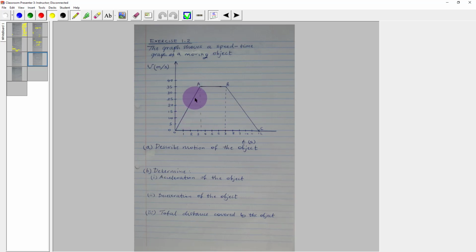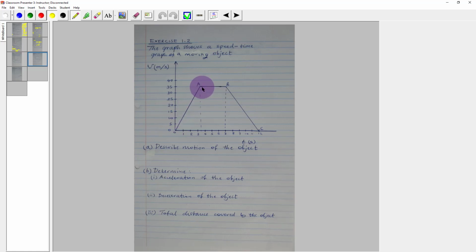So the physical quantity which is represented by the gradient is acceleration, and I can say here the object is moving with uniform acceleration or constant acceleration. I can say velocity is increasing uniformly, or I can say the acceleration is constant. Velocity increasing uniformly, or acceleration is uniform or constant.